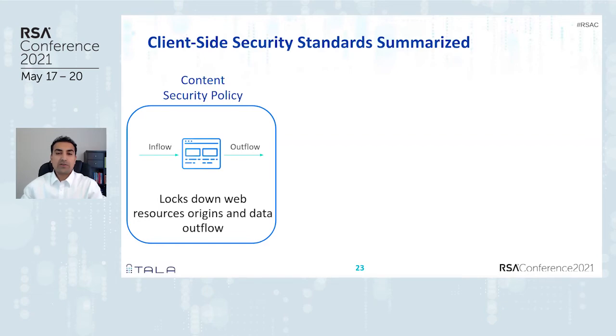Content security policy would have prevented the attack that I demoed by not allowing the script from my malicious server to load in the first place. And further, it would have also blocked the outflow of data, that is the data exfiltration, because the attack was sending the data to a new server.